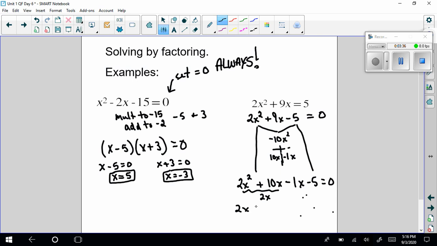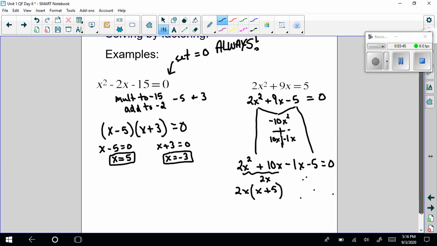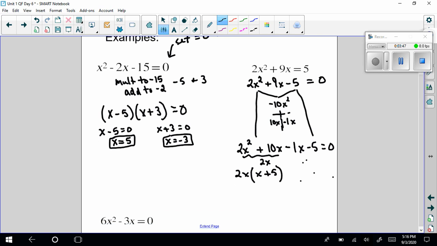So I get 2x times x plus 5. And I need to make sure to get x plus 5 from my second group. So in order to do that, I have to pull out a negative 1. So I'm going to have a minus 1 times x plus 5 equals 0.